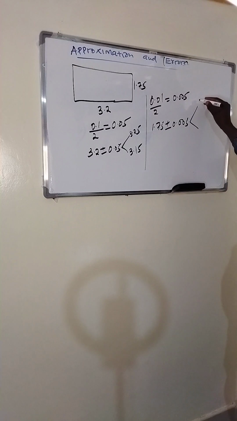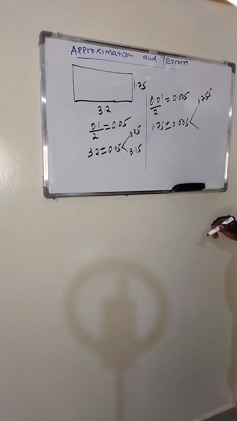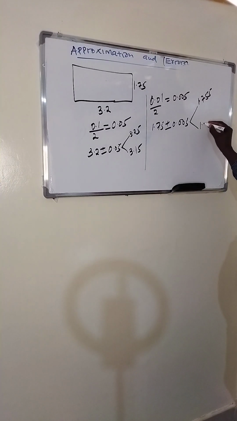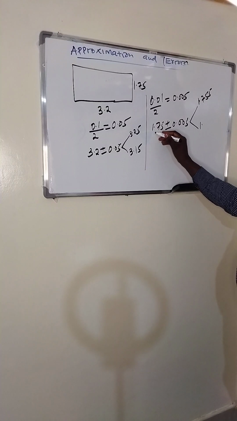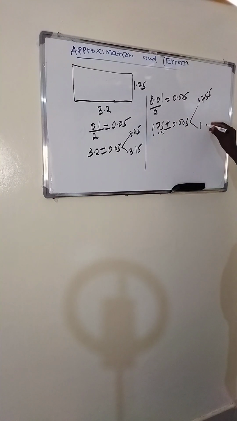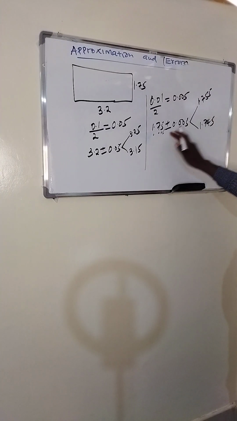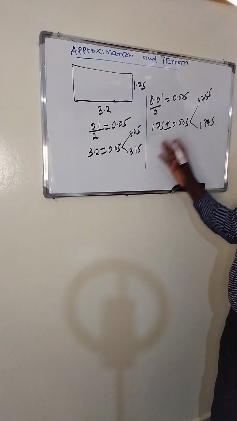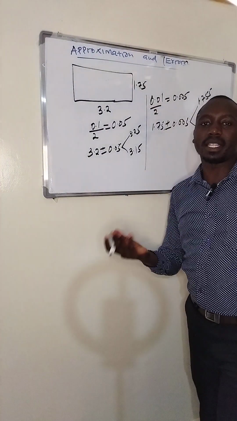So you get your maximum 1.755, and the other one will be minus 0.005, which is 1.745. So you have the limits. The width's maximum value will be 1.755 and the minimum is 1.745.